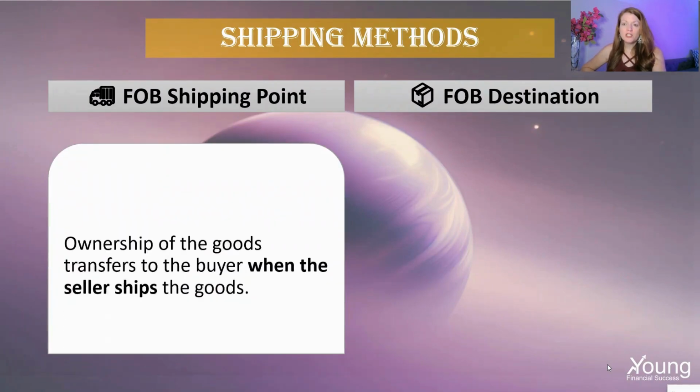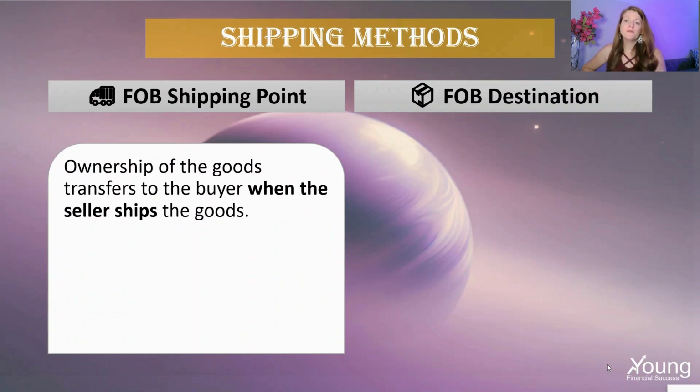So FOB shipping point, the ownership of the goods transfers to the buyer when the seller ships the goods. So let's say it is a U.S. Foods distribution center, and they are shipping the foods to Subway sandwiches. As soon as it leaves U.S. Foods, if it's FOB shipping point, as soon as it leaves, it is now in Subway's ownership.